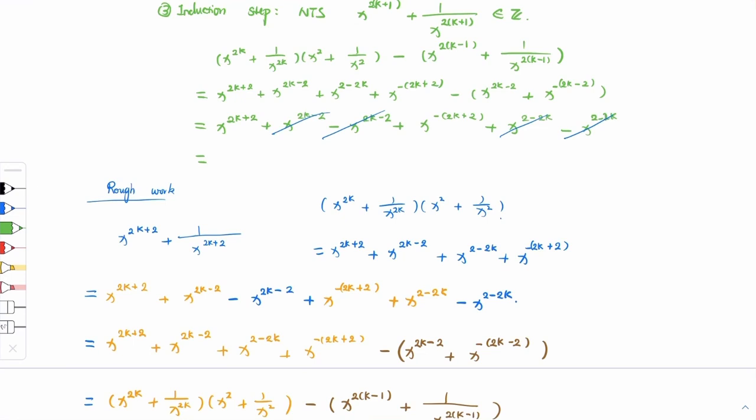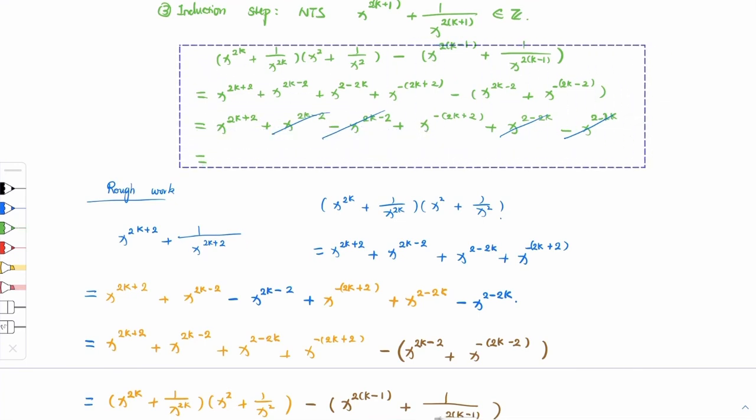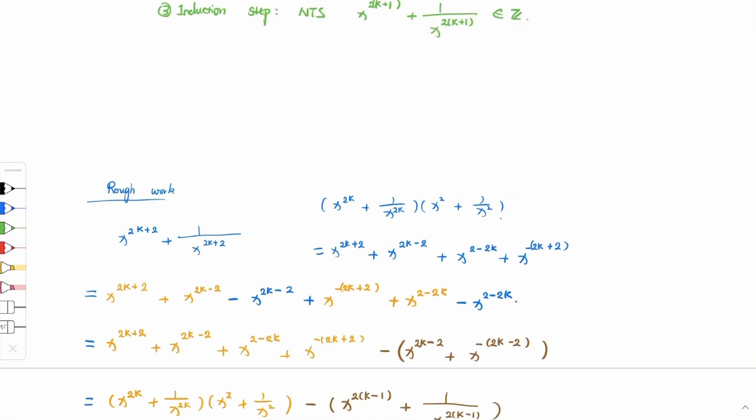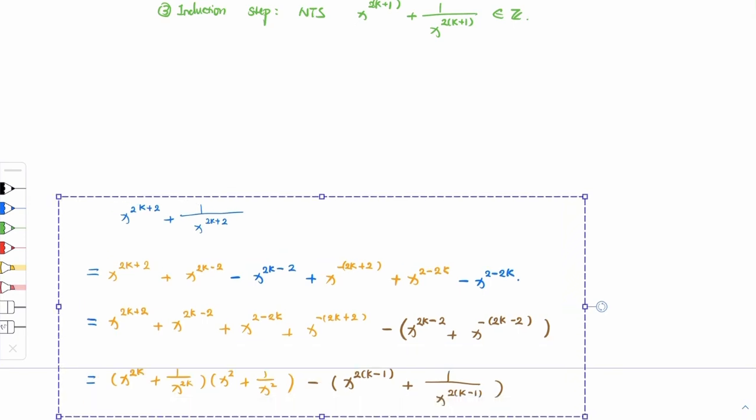Wait, I just realized something. This could be our formal proof already. Sorry guys. Let me just delete this. This could be our formal proof already. Okay, here.